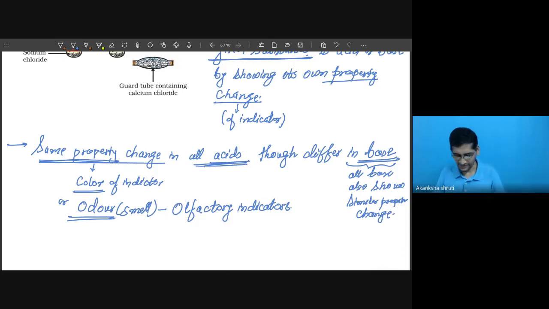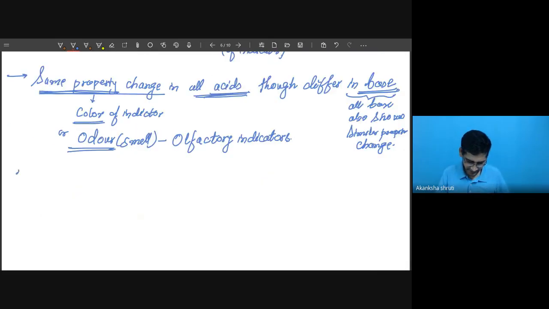So what are these? For example, we will list the various types of indicators later, but the most common one is called litmus.